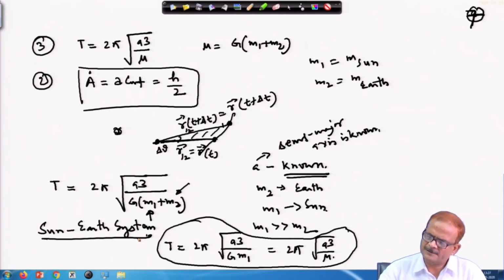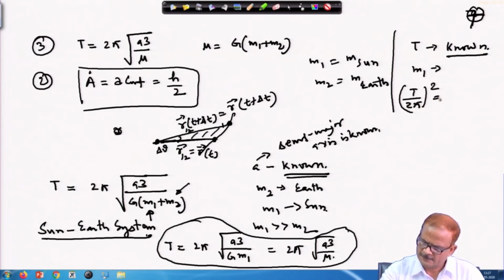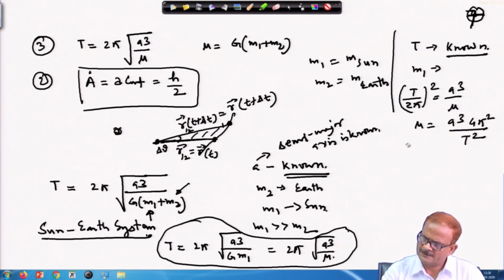So, if the time period is known, say in the case of the sun earth system, then from there m1 can be computed. You can see that T by 2 pi squared equals a cubed divided by mu, or mu equals a cubed times 4 pi squared divided by T squared, and this is G times m1.